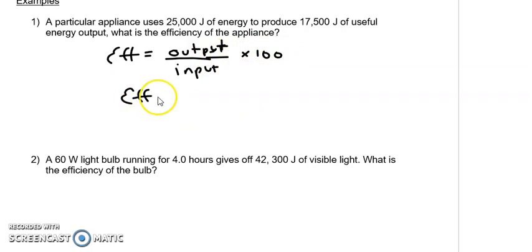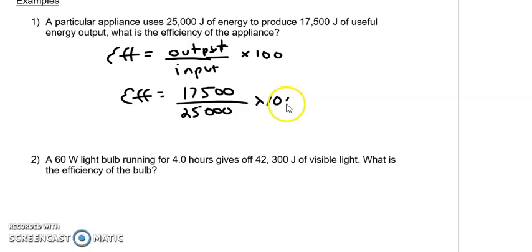So to find that efficiency, that's the 17,500 joules that we got coming out. That's useful for whatever this device is using, but a full 25,000 is going in. Multiply that by 100.